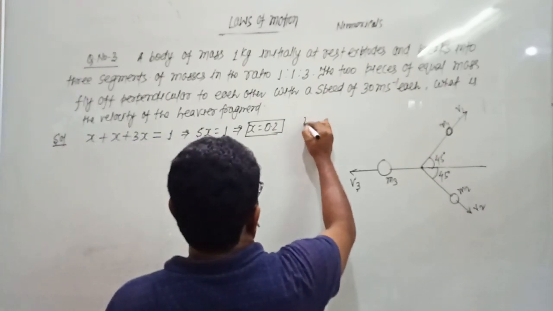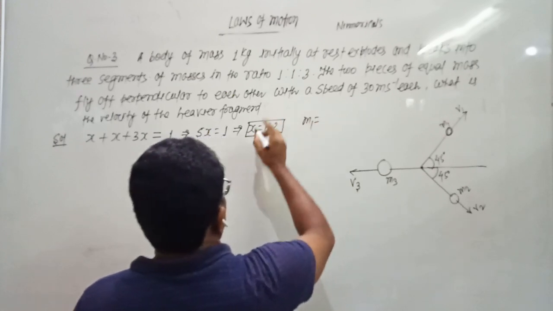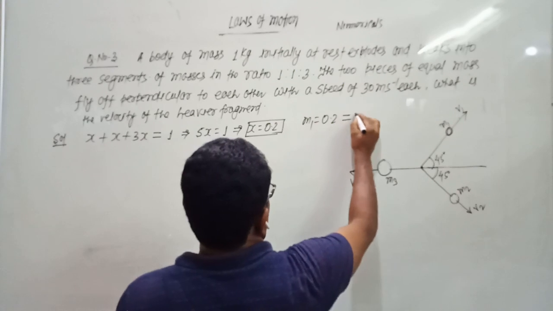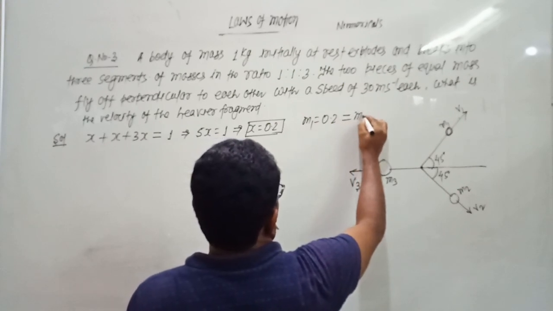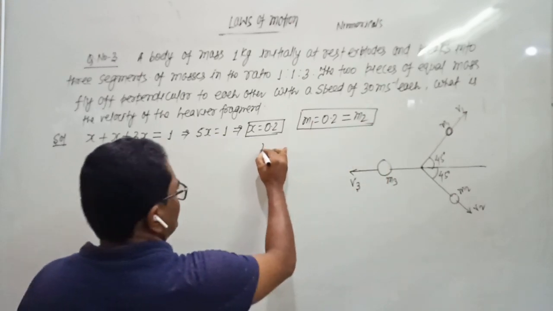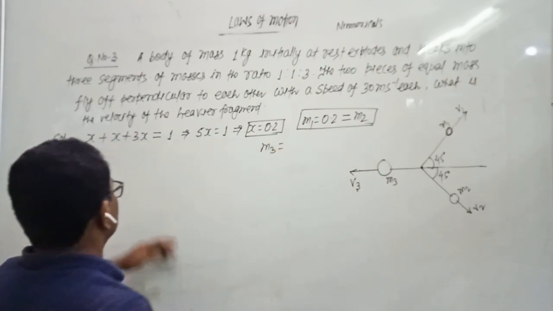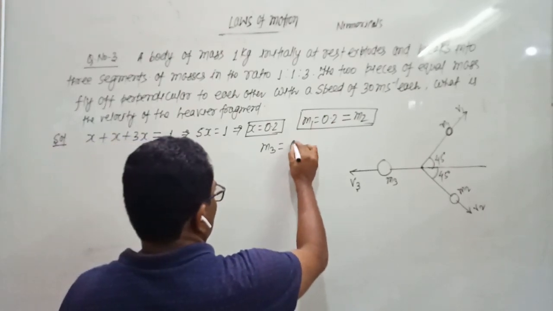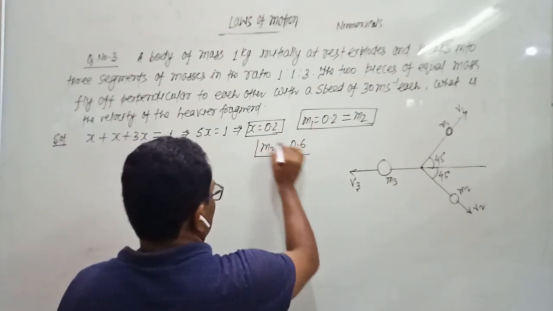Now calculate mass M1, which is x, meaning 0.2. Mass M2 is x, which is also 0.2. And mass M3 is 3x, so 3 multiplied by 0.2 we get 0.6.